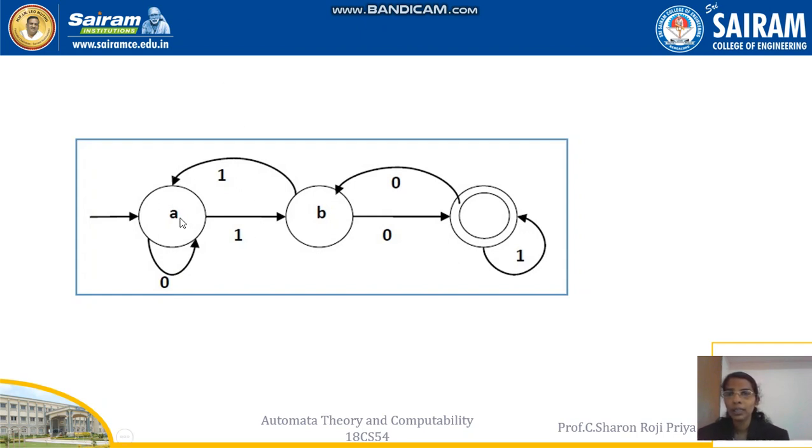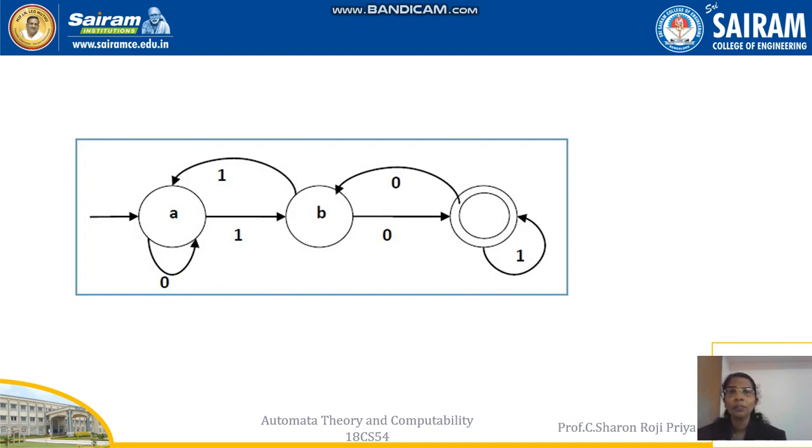So each state will take both inputs. See here, this is my first state. It is taking 0 as input and staying in the same state. And here it is taking 1 as input and moving to the other state B. Deterministic means when it takes an input, it will move to only one state. It will not make multiple moves.